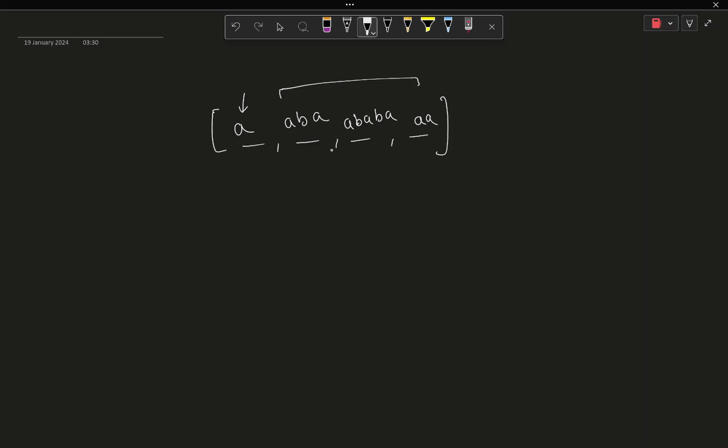If it is coming as a prefix and suffix at the same time in any of the strings, whenever it comes, I will just increment my answer. That's what I was doing.